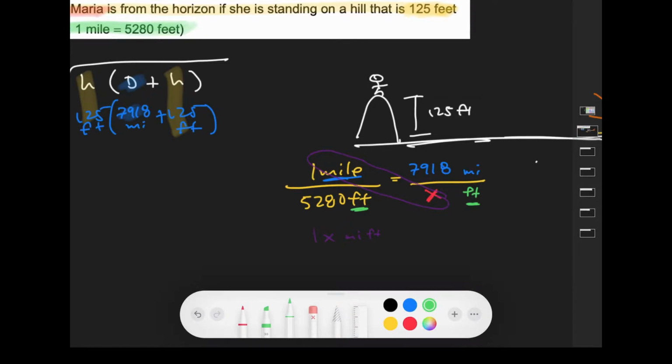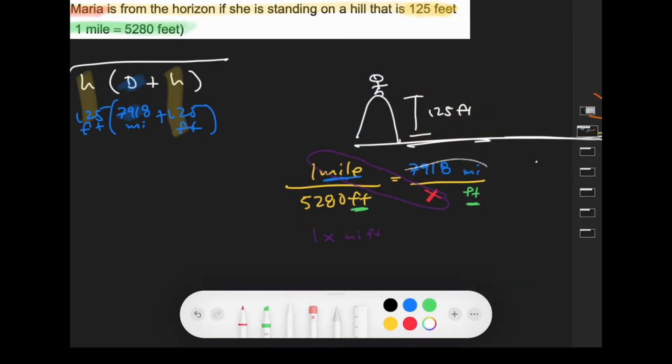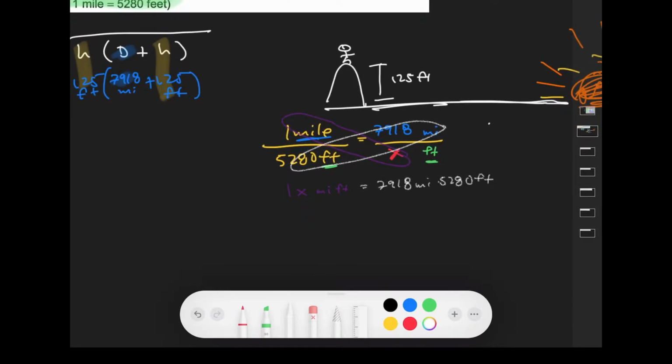And then if you do that same thing again, then you'll have 7,918 miles times 5,280 feet. Okay, so let's put that into our calculator.